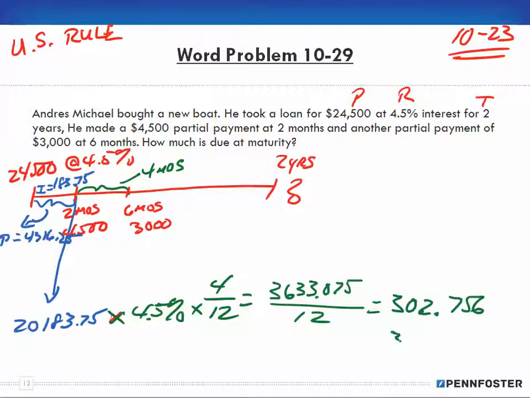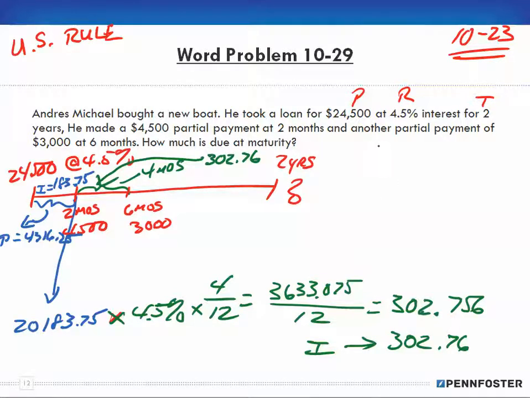So I round up to 302.76, and that's my interest. During this period of time, my interest is equal to 302.76. Let me erase that and put it in a better place to be able to see it.